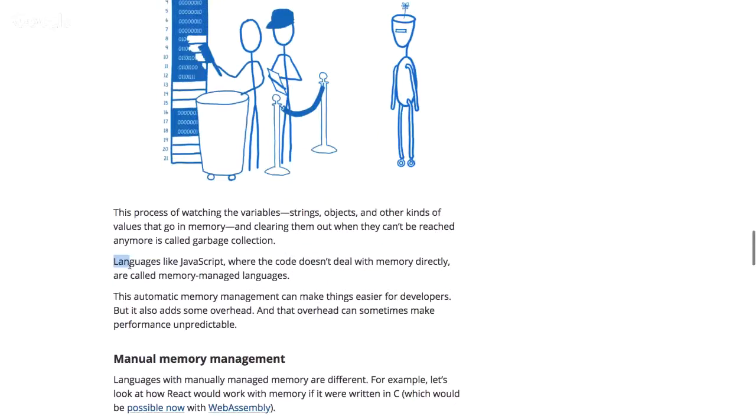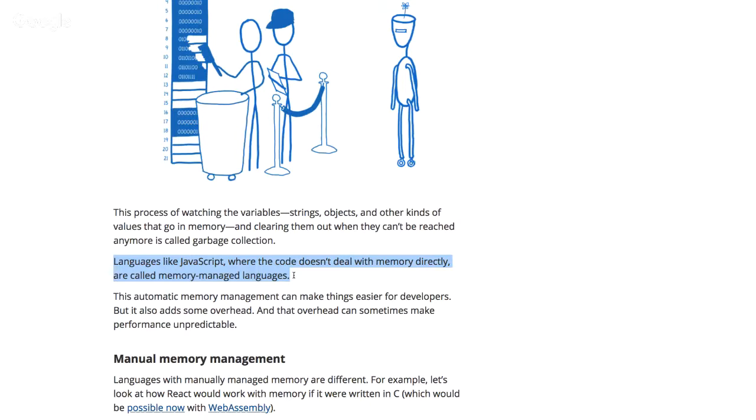Languages like JavaScript, where the code doesn't deal with memory directly, are called memory managed languages. If you take the C language, when you write code, you do memory allocation yourself, and the app is responsible for freeing up that memory.